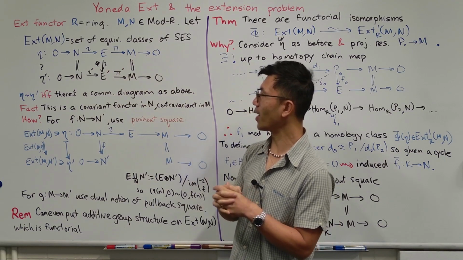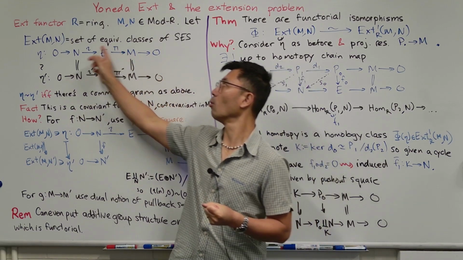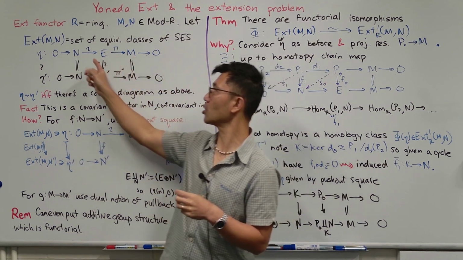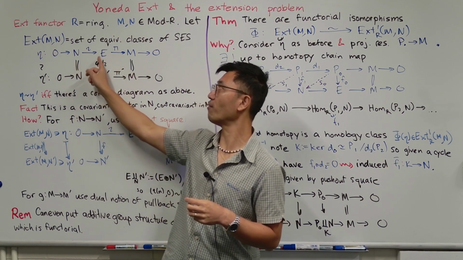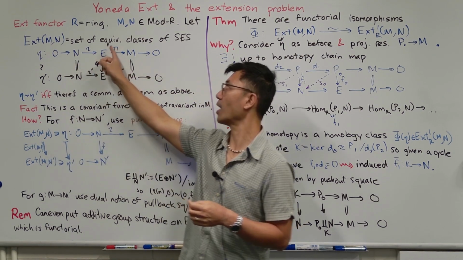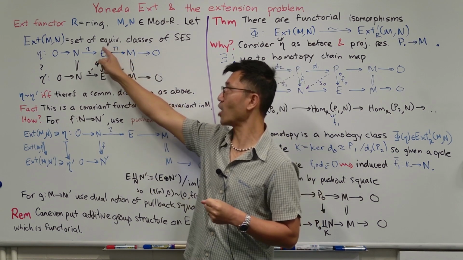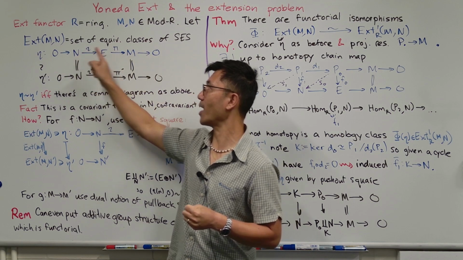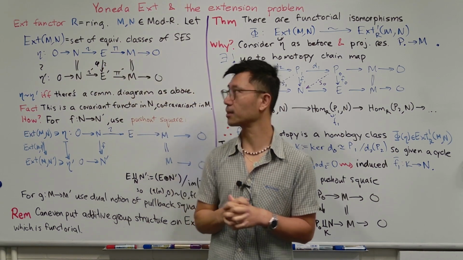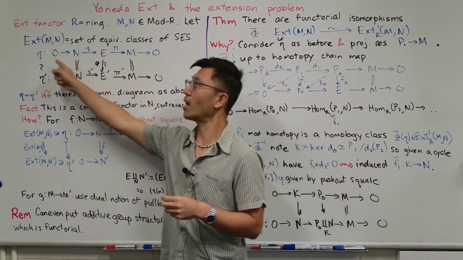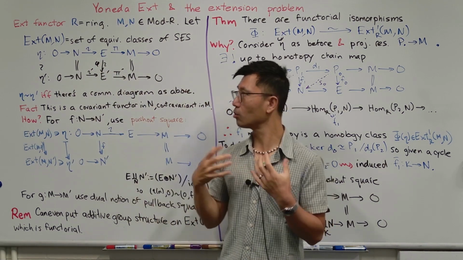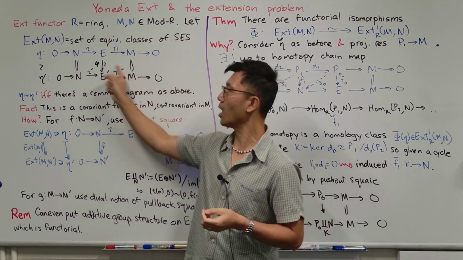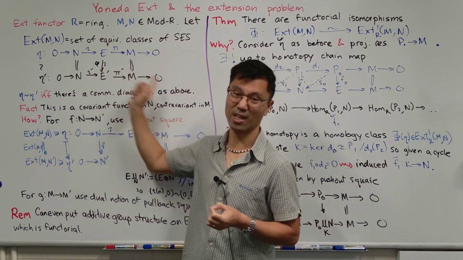A nice exercise is to see that one type of short exact sequence, which is actually quite distinguished, is when you just take for E the direct sum of N and M. In that case, you have a projection onto this M here, and also an inclusion of N into the summand, which is N. That's a rather distinguished element, and it's not difficult to see that all the things equivalent to that are essentially the split sequences.